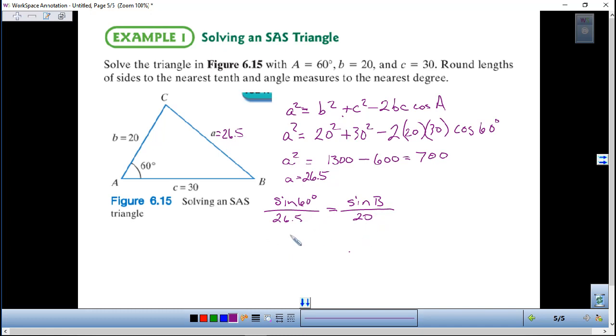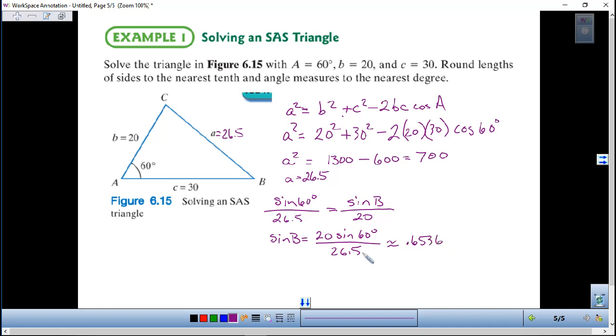So now we cross multiply, and we're going to find that the sine of B is equal to 20 times the sine of 60 divided by 26.5. And that's going to be approximately 0.6536.